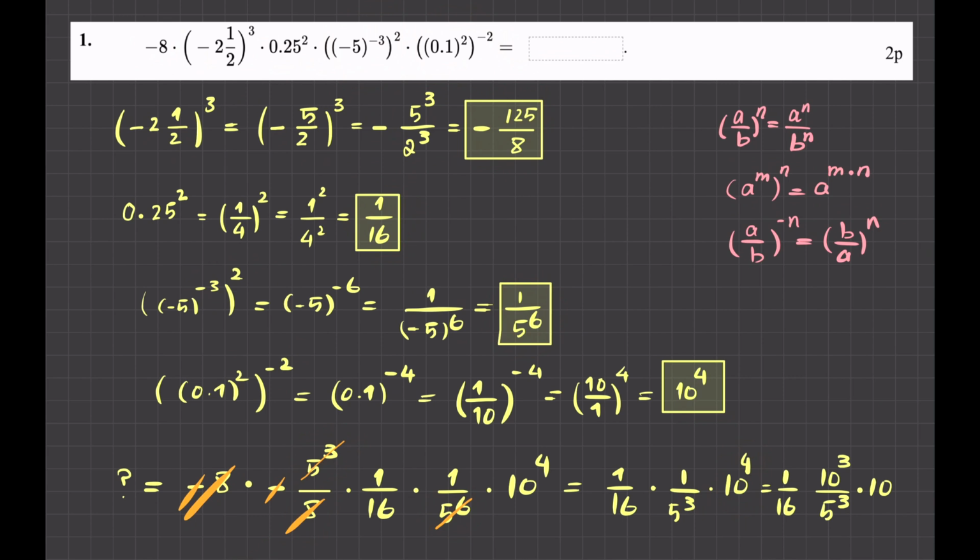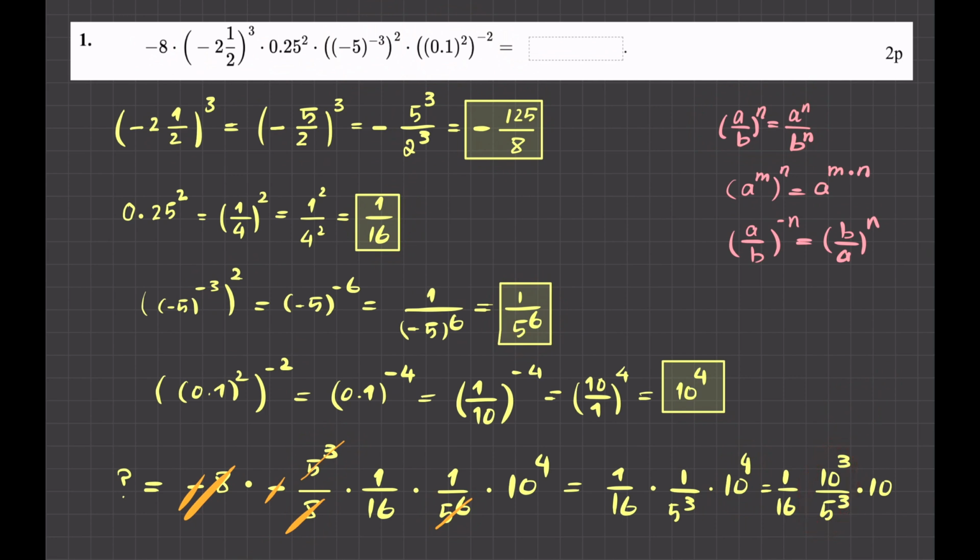But then you see that the same formula, this time going backward, is applicable here, because I can write 10 over 5 to the power of 3. But 10 over 5 is easy, it is just 2. And 2 to the power 3 is 8. So this number is nothing except 8. So I would write it here.